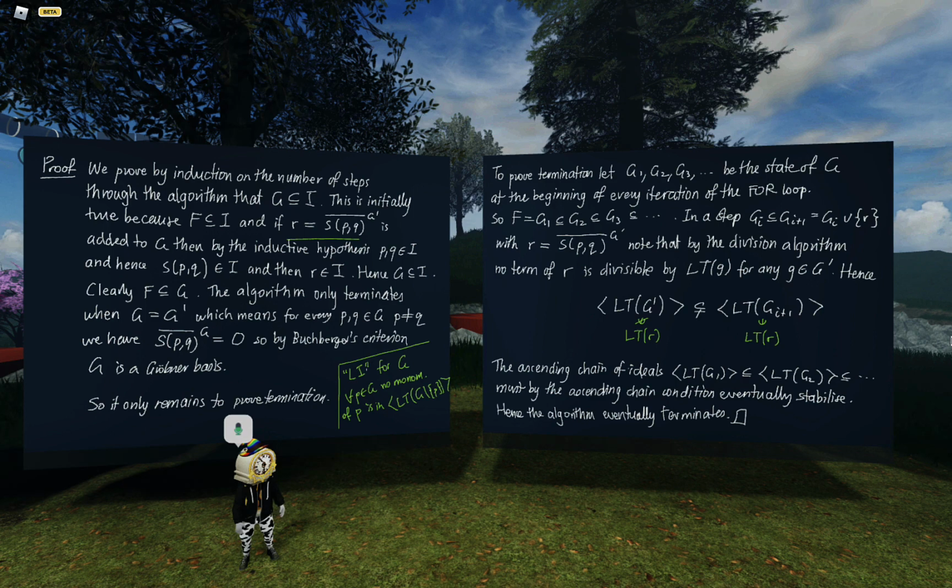So you can take your two generating sets, compute a reduced Gröbner basis for each, and see if they're the same. And they are the same if and only if those two ideals are the same. So that's really quite remarkable. So that's the last thing I want to say about Gröbner bases.